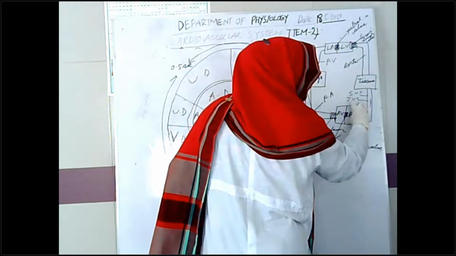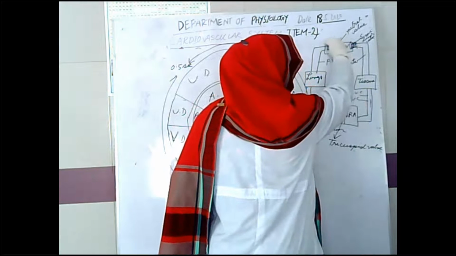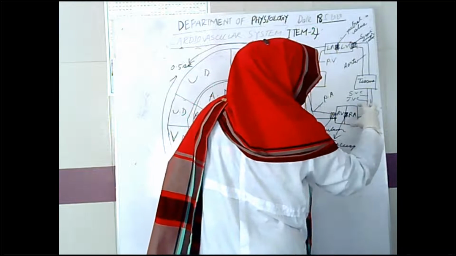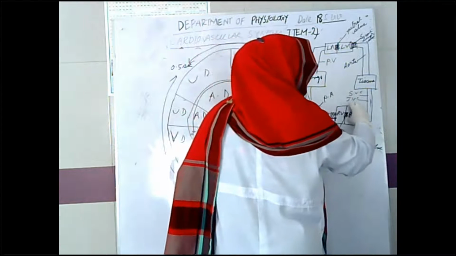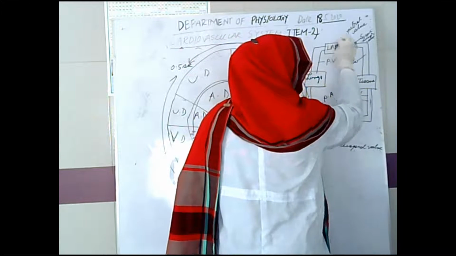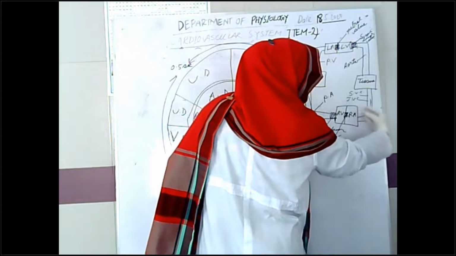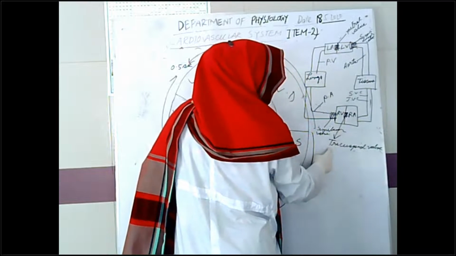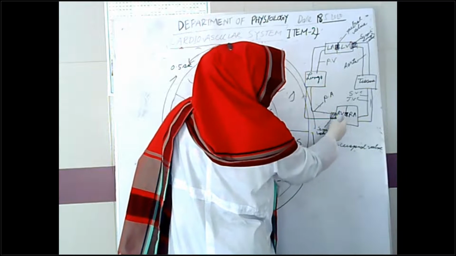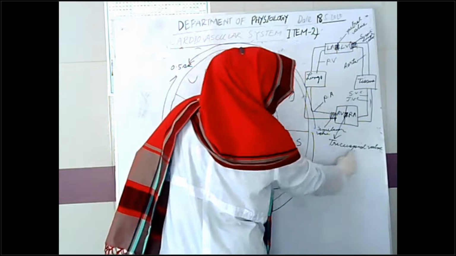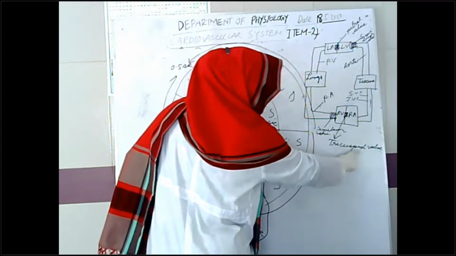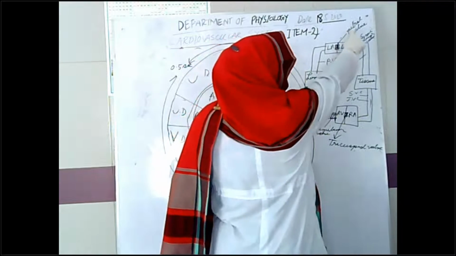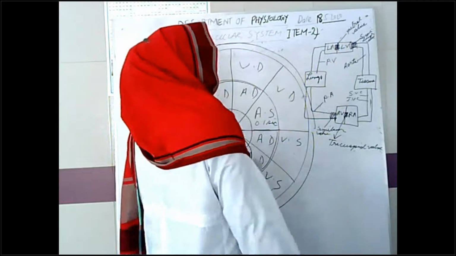Whenever blood fills the right atrium and left atrium, so much blood is gathered in the right atrium and left atrium, and this blood is pushed towards the right ventricle by the opening of the tricuspid valve. The valve between the right atrium and right ventricle is the tricuspid valve, and between the left atrium and left ventricle the valve is the bicuspid valve or mitral valve.